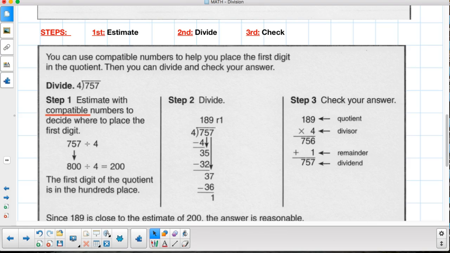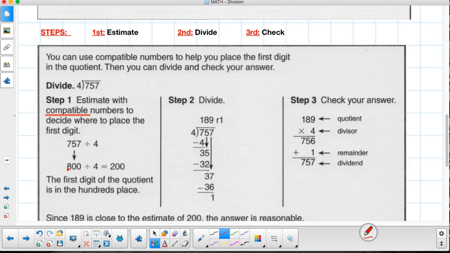Let's take a look at this problem here. 757 divided by 4. Okay? Take a look at what they are rounding 757 to and tell me why. All the numbers there, like you said, when you round, 5 and up goes higher, and all the numbers there are higher than 4, so it makes it go to 800.